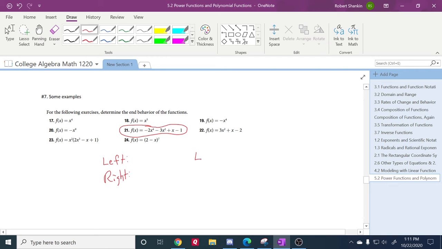When you are typing this, you could just go L, and put either infinity or negative infinity, and then R, infinity or negative infinity. There are different ways you could do this, or you could say up or down because you don't have an infinity symbol. All right, so 21, let me give you a moment to think about that individually.